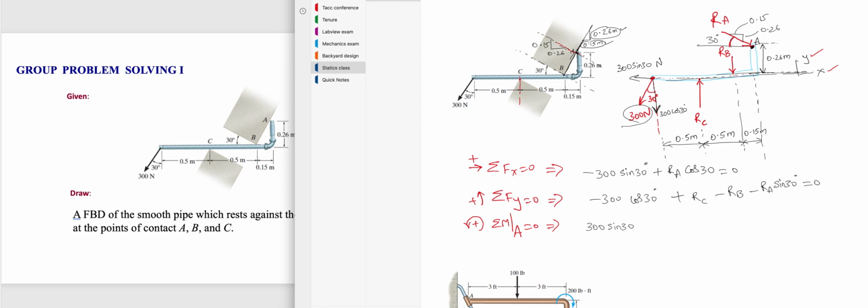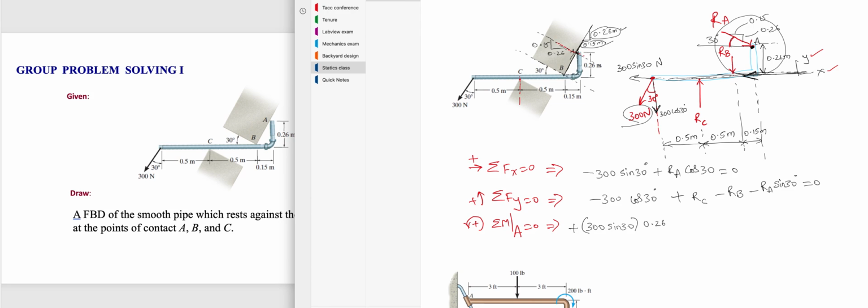So what is the distance between this point and the line of action of force? 0.26. Hence it is 300 sine 30 times 0.26. And what is the direction? If you complete the circle, that direction, and if you point out the same direction here, the direction will be counterclockwise. So we'll write positive.